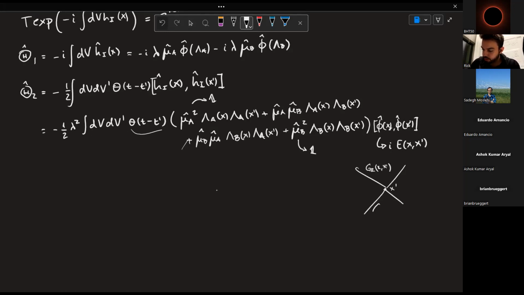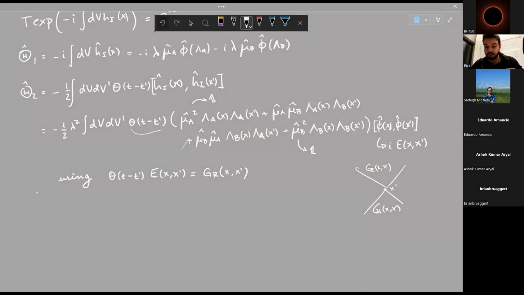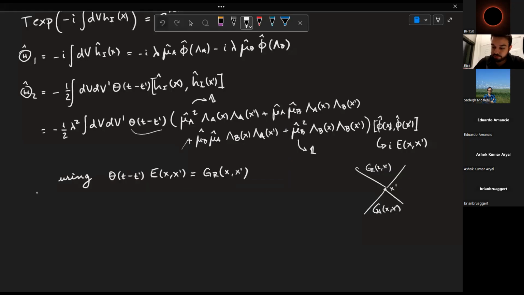And down there, it is G_A of x prime. So if you multiply it by the theta, you only get the G_R, right? So basically, we're using the theta of t minus t prime times the E of x prime is just a retarded Green's function of x prime. And if we use this, now we can actually keep going with the calculation.